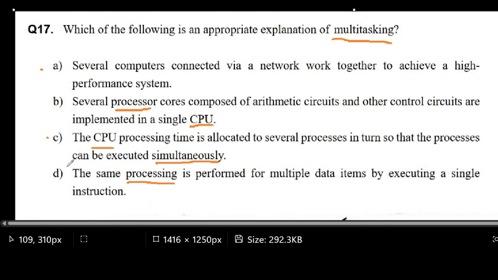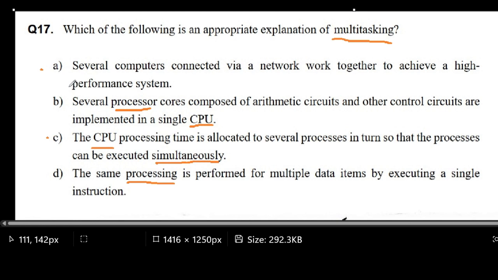It seems like letter C is a lot clearer in what multitasking would be, even though letter D has parts there that, if you think about it, can be used for something like multitasking. But again, for letter D, it can be used for a single task too. And what we want is multitasking.